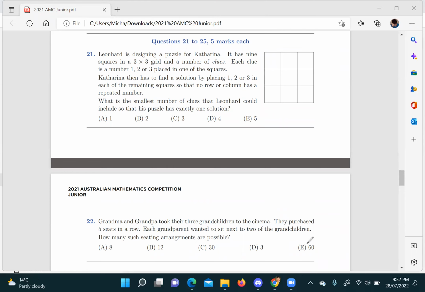Basically, Katarina's job is to complete the grid without writing repeated numbers in rows or columns, just writing only the numbers 1, 2, and 3. Okay.